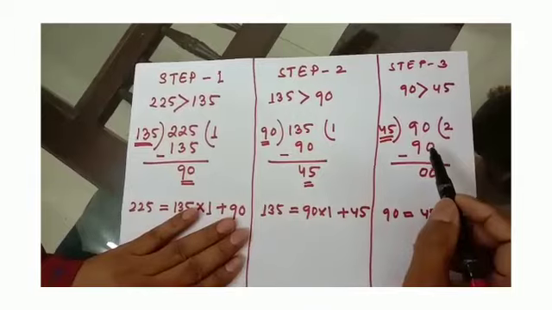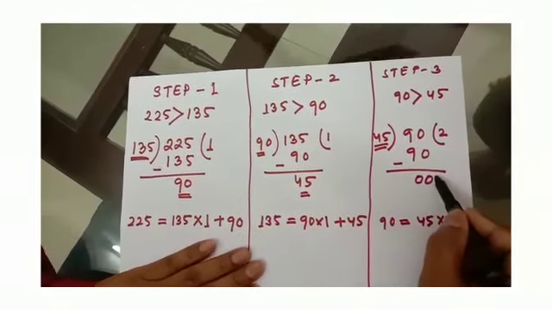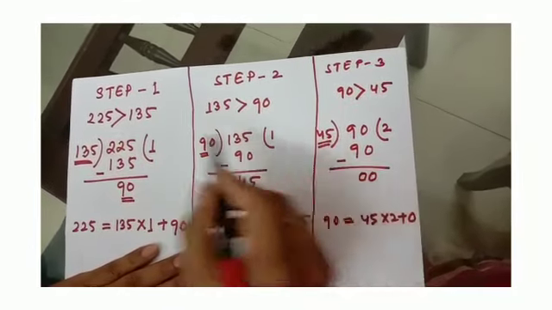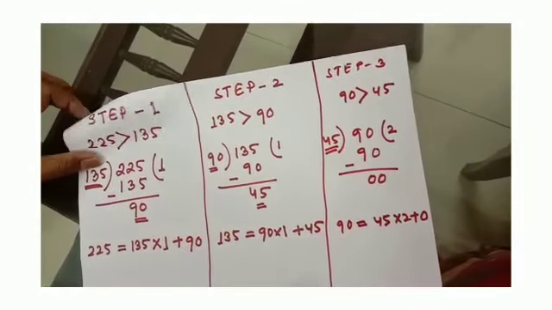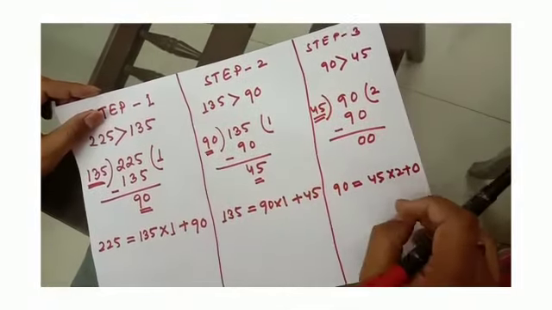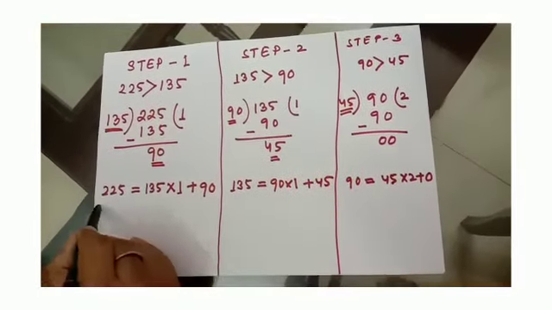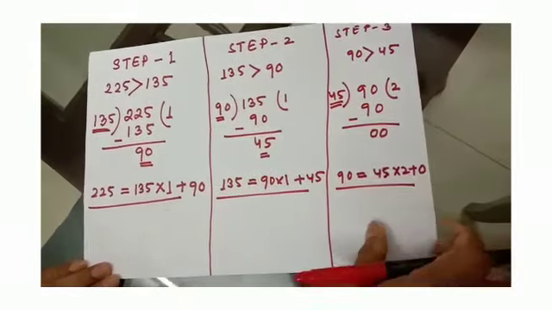In the last step where the remainder is 0, the divisor will be the HCF of the given numbers. Now according to Euclid's division lemma, all the 3 steps you should write together.